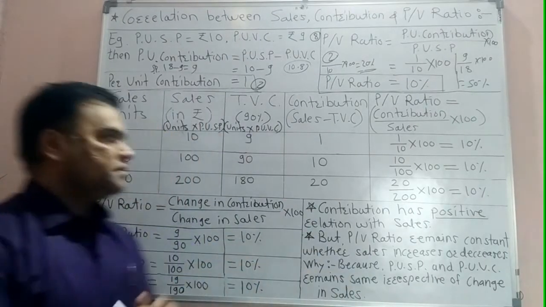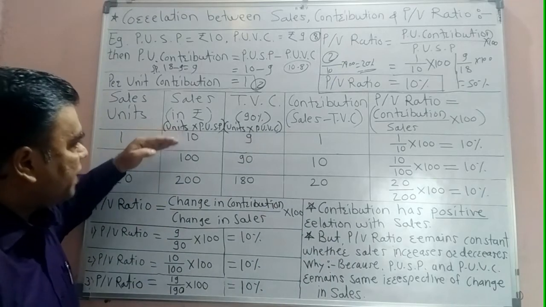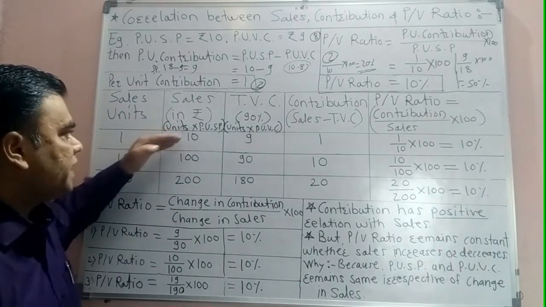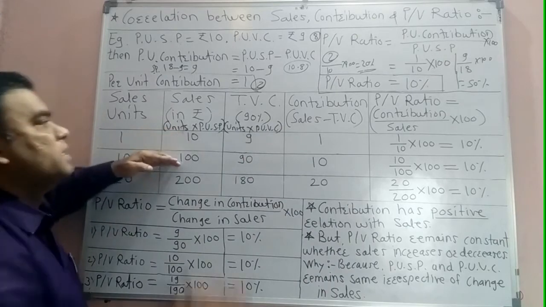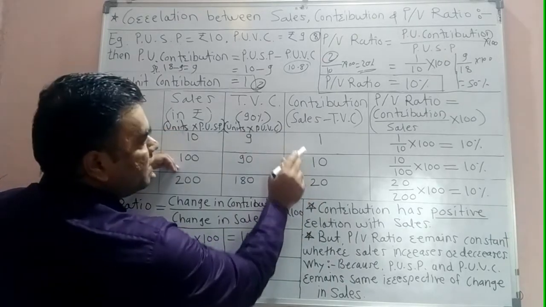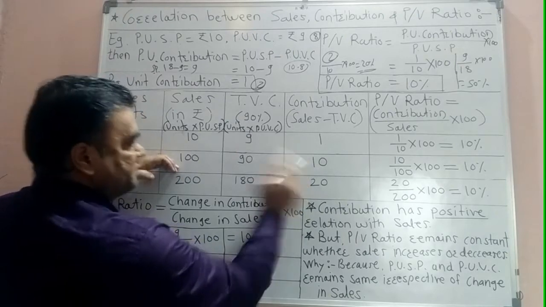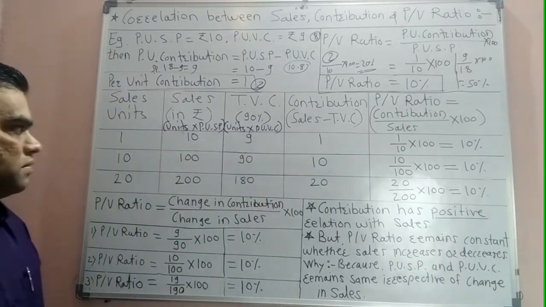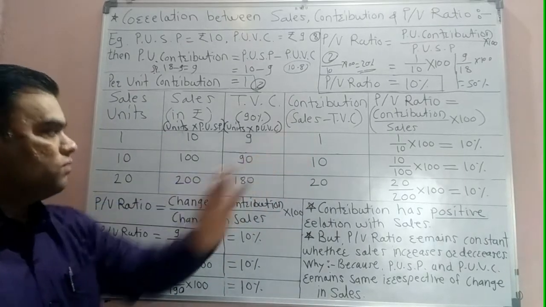You can see, if you increase sales by 10 times, 100 is 10 times of 10, your contribution also increases by 10 times. 10 is 10 times of 1.